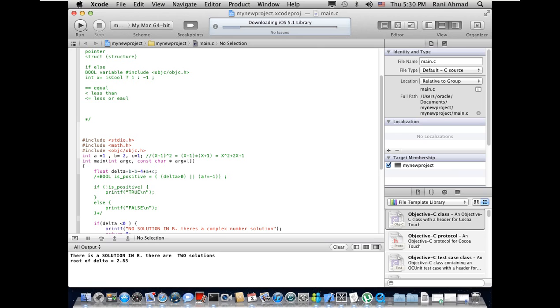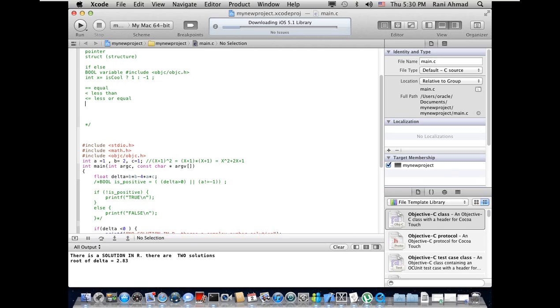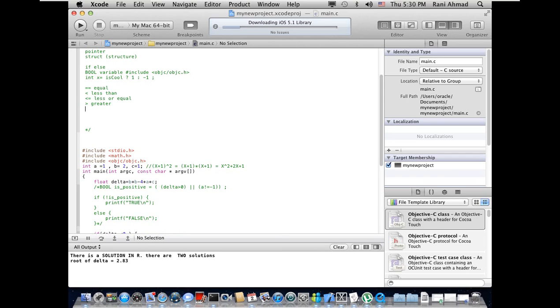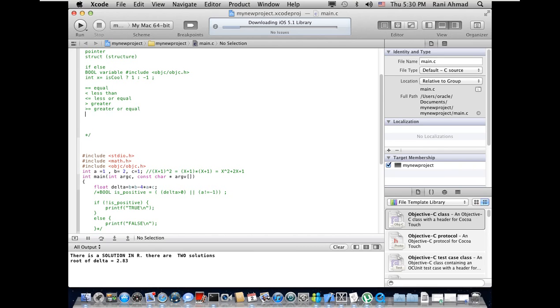Let's make it correct. And this is greater, and this is greater or equal, and this one alone is just for negation.